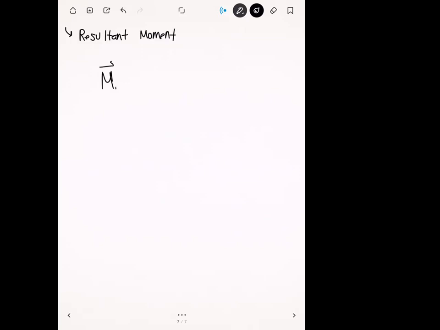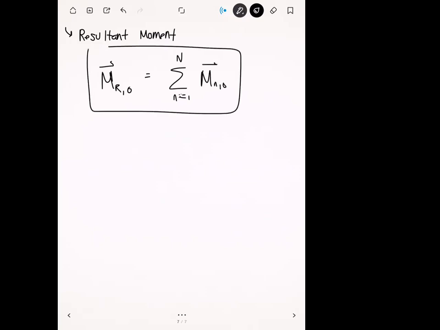The resultant moment about the axis O is given by a summation of all the individual moments. Just like that.